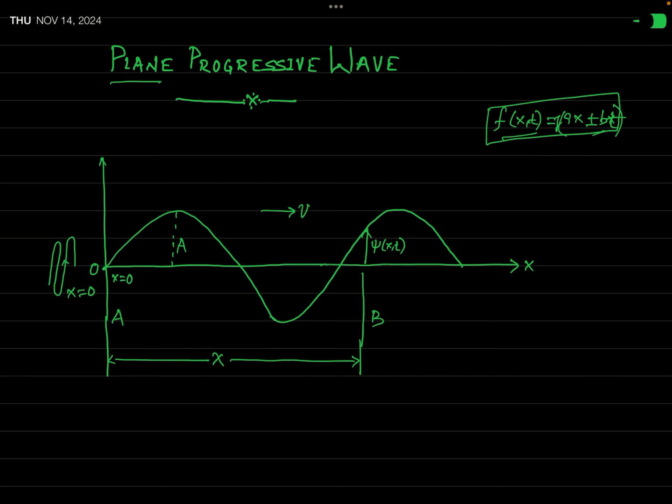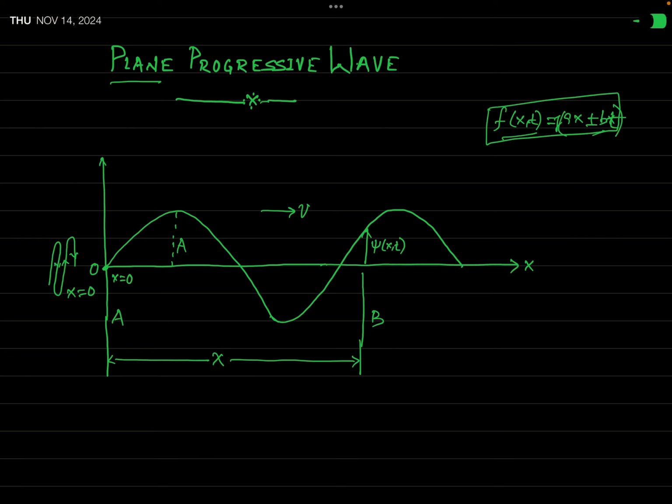Now, once you disturb this particle, the particle continues to oscillate about this equilibrium position O, but the disturbance travels in this x direction, which is actually called the traveling wave.